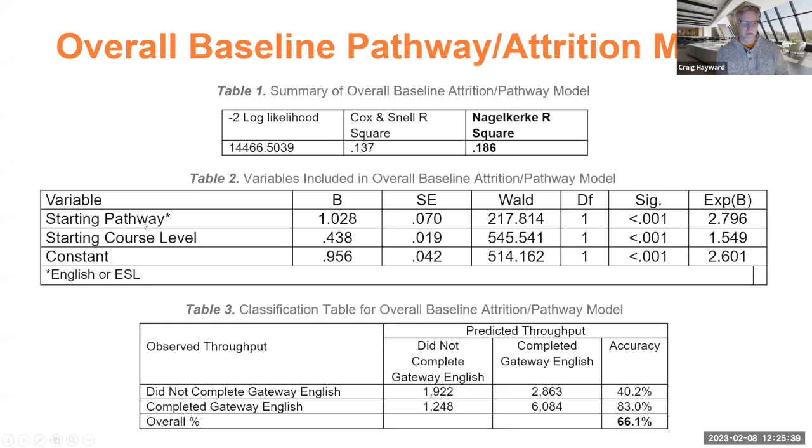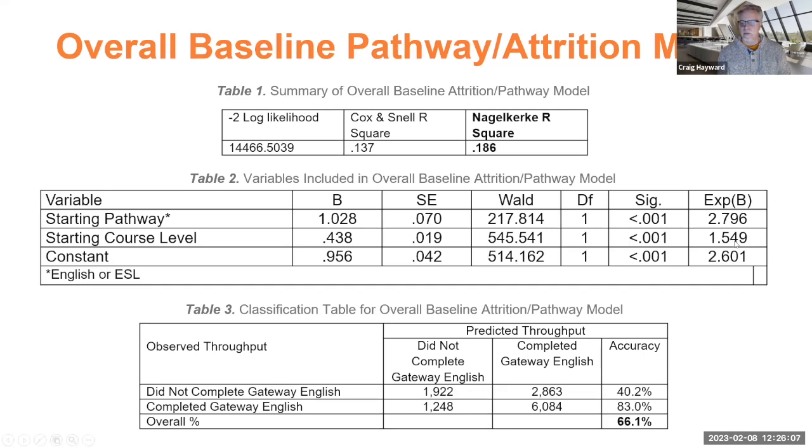So the second table shows us some particular values. I'm going to point out the column on the far right, which is really the odds ratio column. So the starting pathway, the way you would interpret that is that students who start on the English pathway are 2.796 times more likely than students who start on the ESL pathway to achieve throughput.